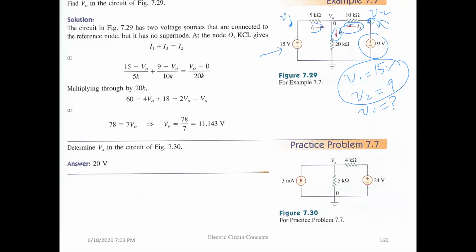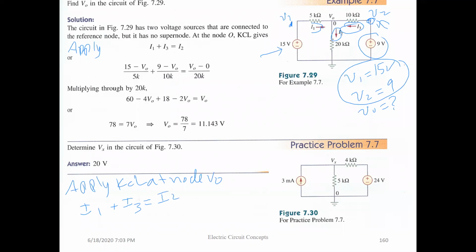Applying KCL at node V0, we have I1 entering the node, I3 entering the node, and I2 leaving the node.